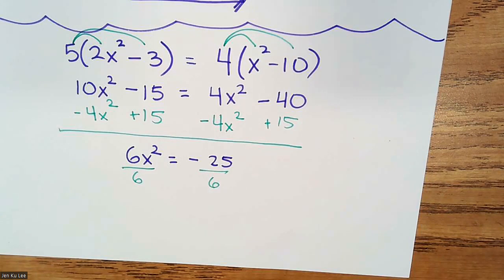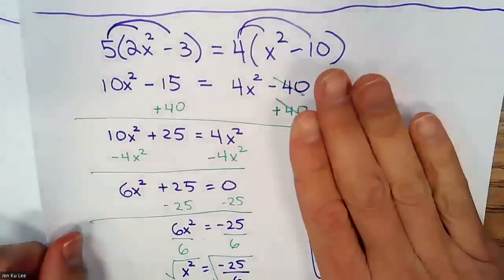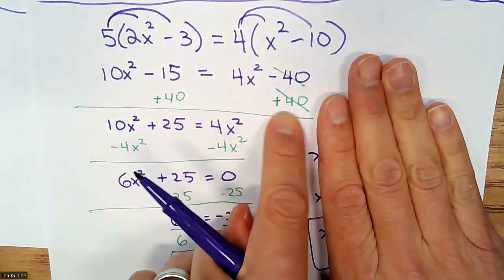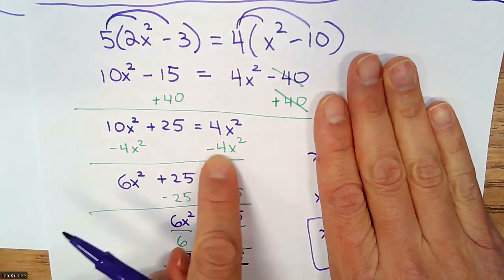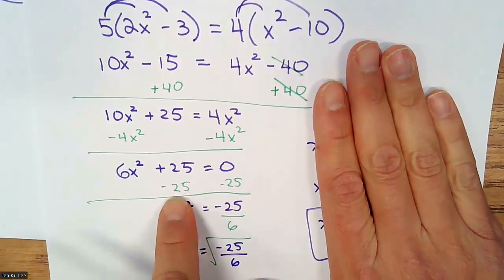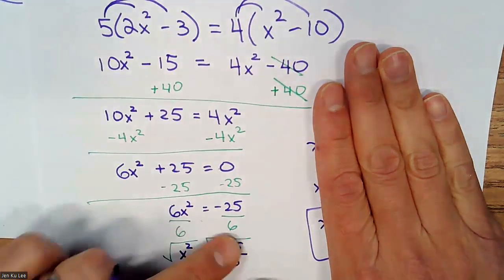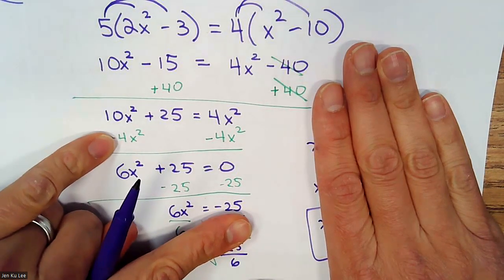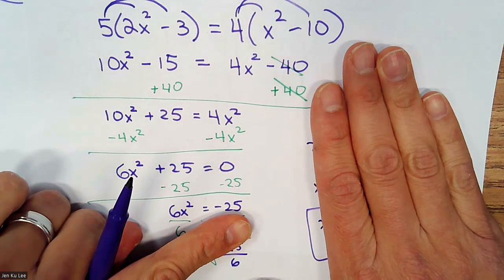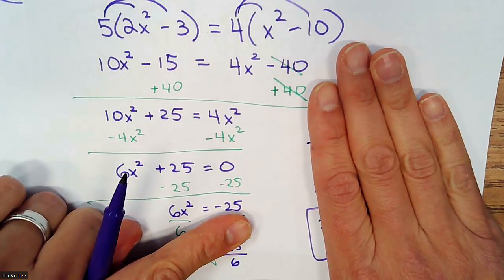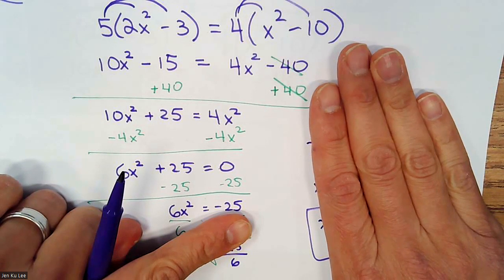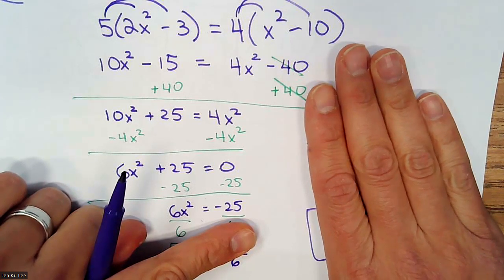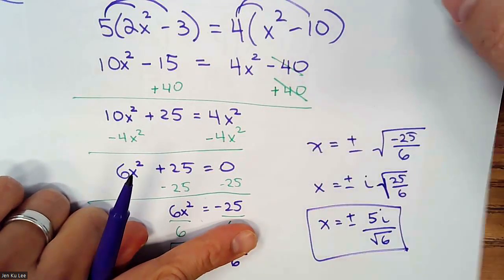For example, I did this with my other period, and we added 40 first, and then we subtracted 4x squared next, and then we subtracted 25, and we got here again. We took these additional steps, which is perfectly fine if that's how your brain is wired. Doesn't matter, as long as we end up with 6x squared equals negative 25, we're good.